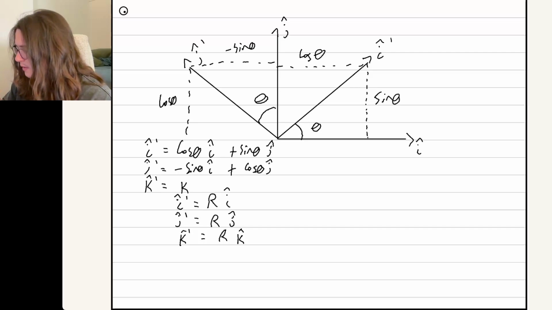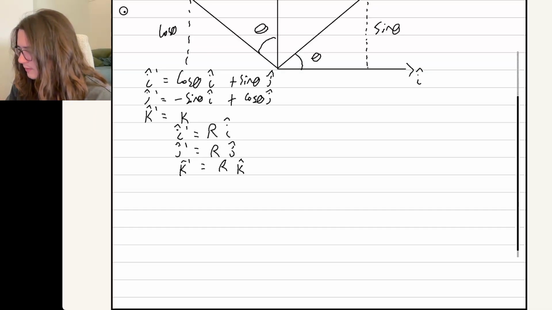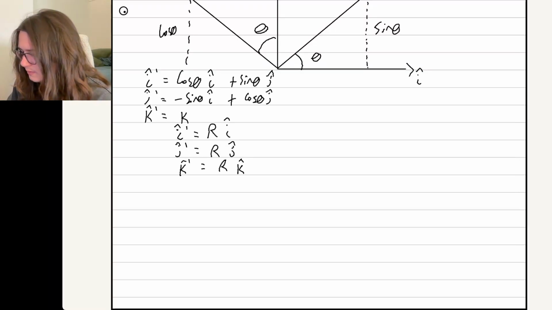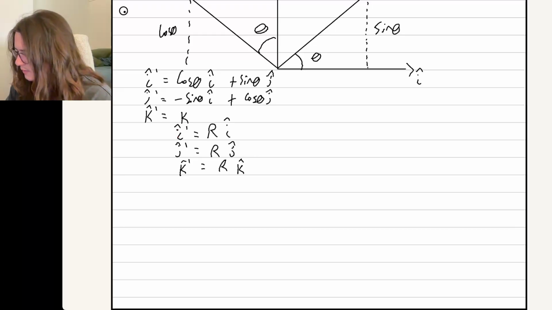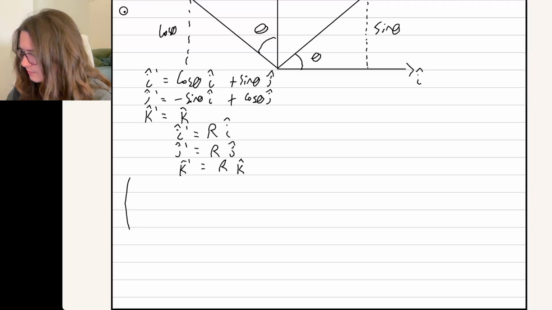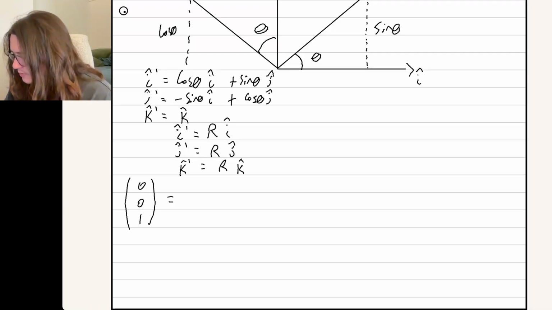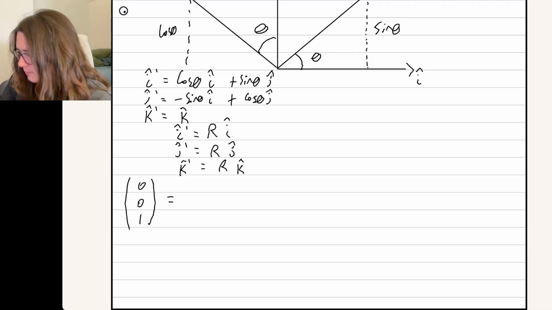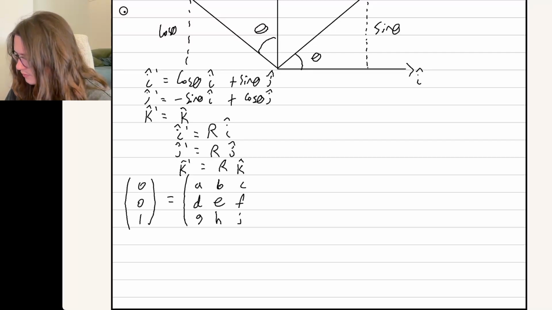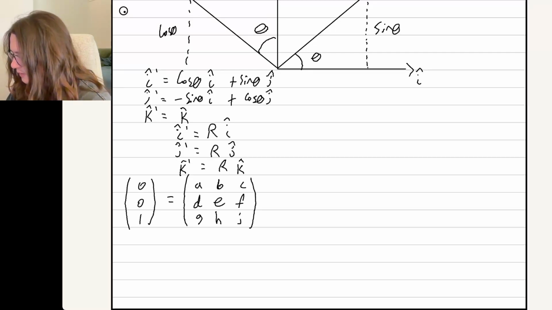So we can write this out in a better way. Let's start with the k hat equation actually. We know that k hat prime is just equal to k hat, so it's just going to be 0, 0, 1. I'm going to write it in column matrix notation. And then the rotation matrix, we don't know what any of these values are yet, so I'm just going to call them a bunch of letters: A, B, C, D, E, F, G, H, J, just because I can.